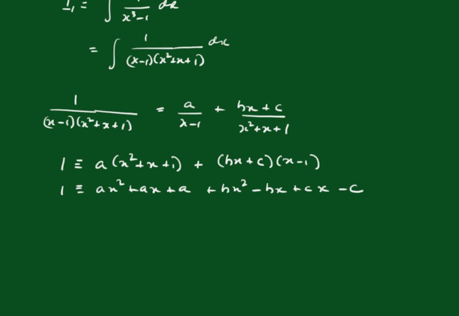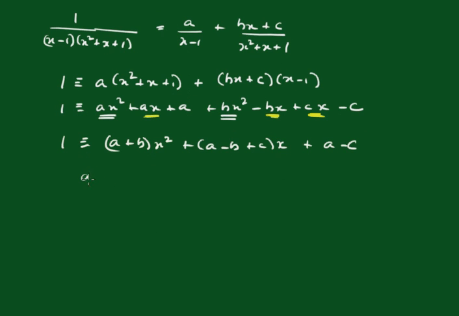Now we do some grouping. There's our x squared there. So that's going to be 1 equals (a plus b)x squared, and there's the x's here, so plus (a minus b plus c)x, and plus (a minus c).